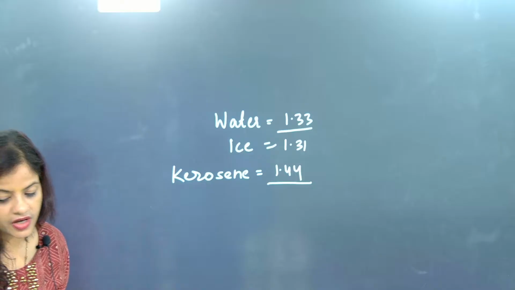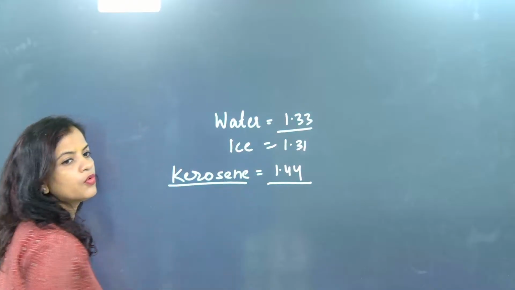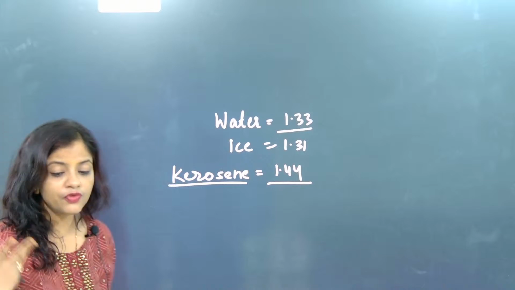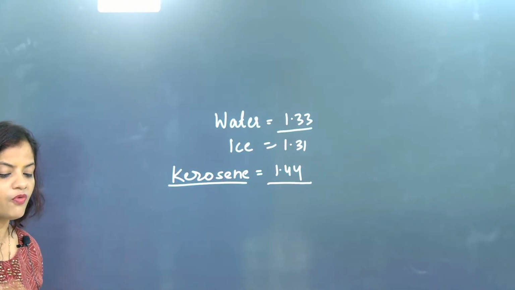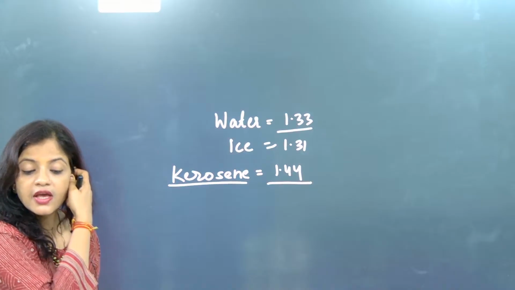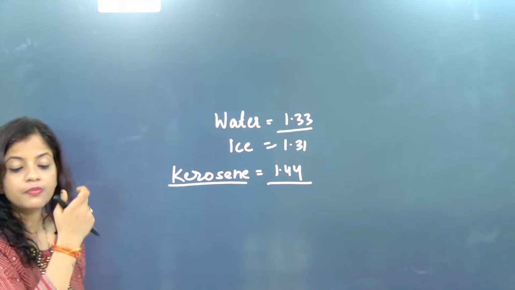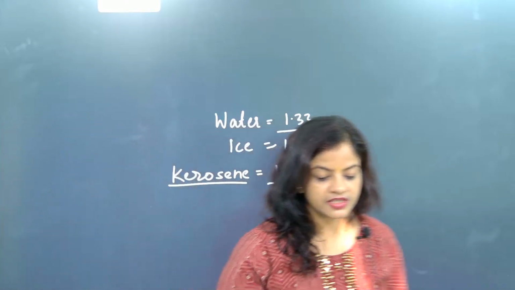Children, you have given a very correct answer. But if somebody asks about density, you will say that the density of water is more than kerosene; kerosene is lighter. But the optical density of kerosene is higher, because of that its refractive index is more.